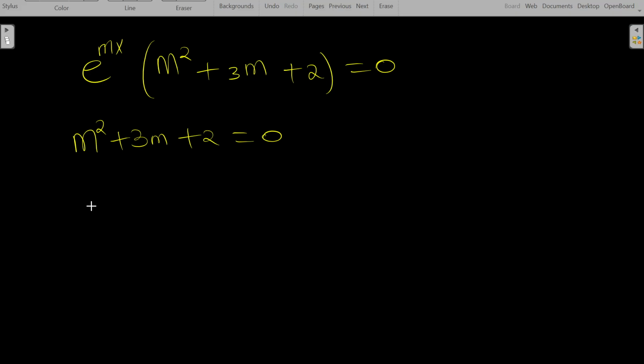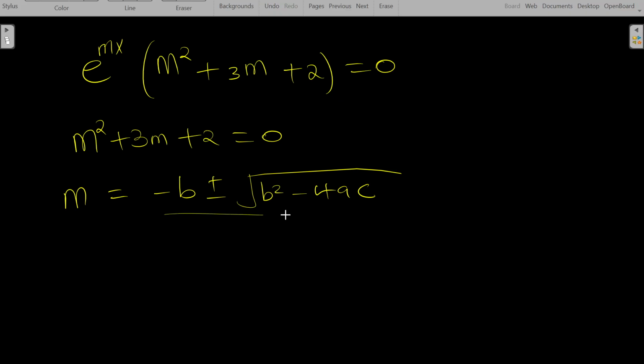If I take the quadratic formula, m equals minus b plus or minus the square root of b squared minus 4ac, divided by 2a.